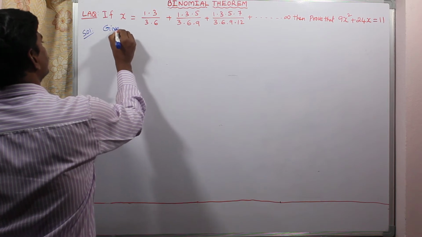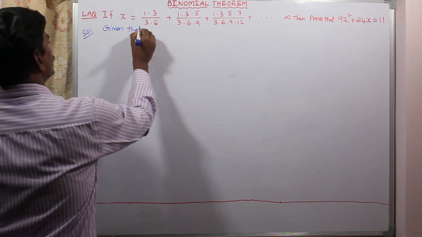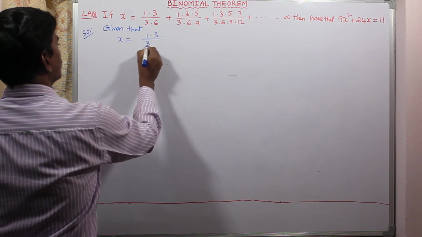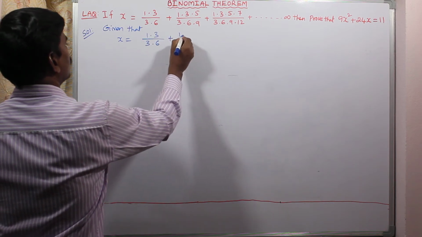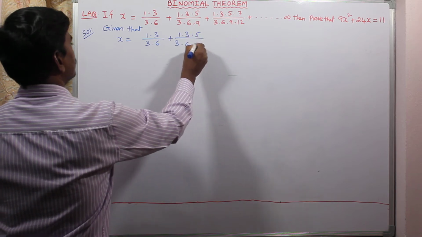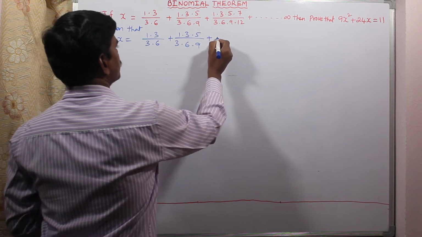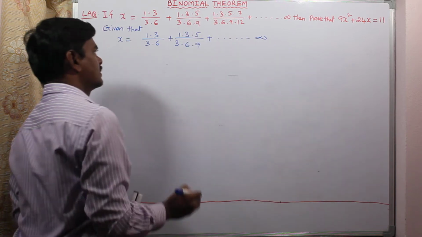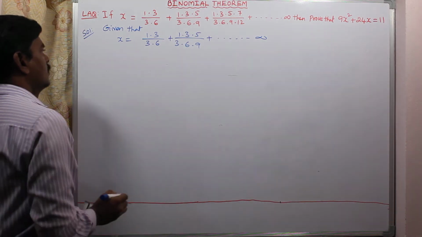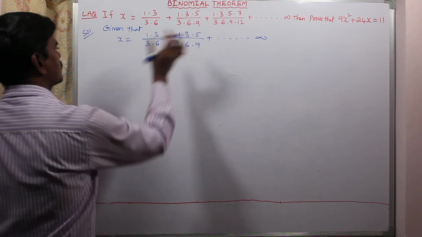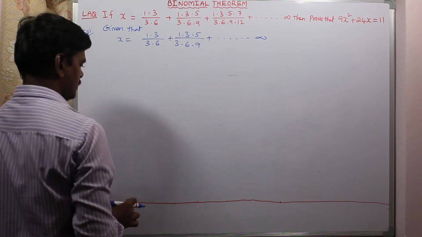Given that x equals 1 into 3 by 3 into 6 plus 1 into 3 into 5 by 3 into 6 into 9 plus so on up to infinite. Now try to remind a formula for this infinite series.